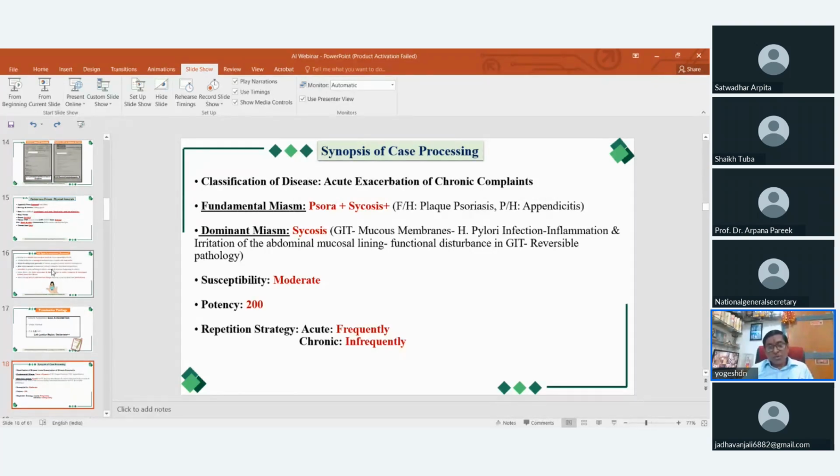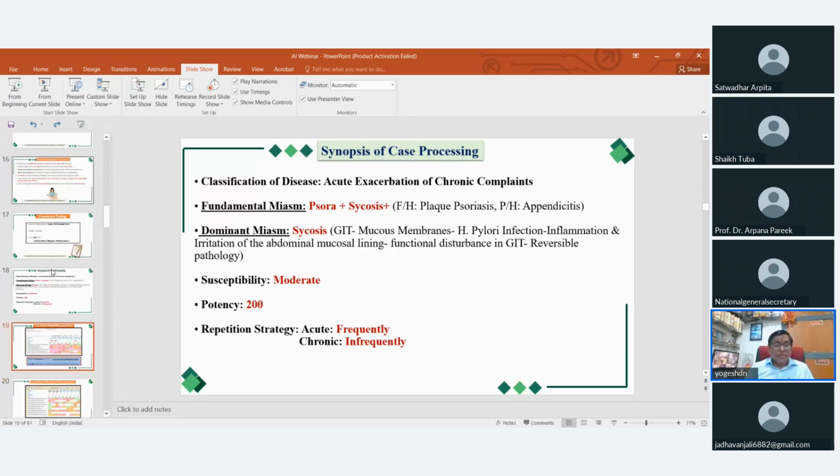So in the acute presentation, considering the overall understanding of the case, the synopsis of this case, we took the susceptibility to be moderate and decided to go cautiously with potency 200, as again what we had learned, the Kentian understanding of going towards moderate potency. So the repetition strategy was frequent for acute and infrequent in chronic.